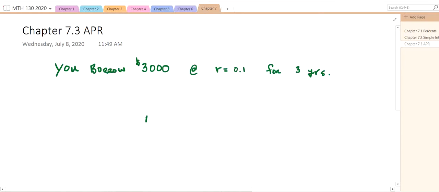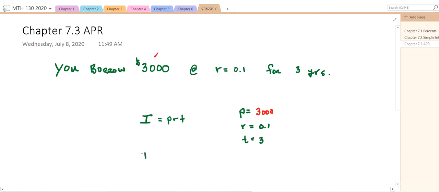Well, if we did a simple interest analysis here after 3 years to see what you owe, let's see, our principal is $3,000. Our interest rate is 0.1, and our time is 3 years.